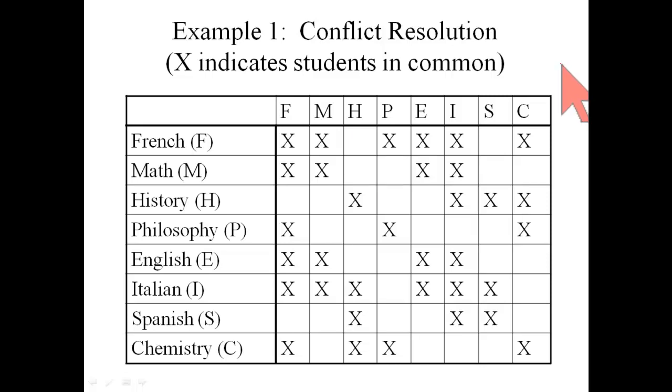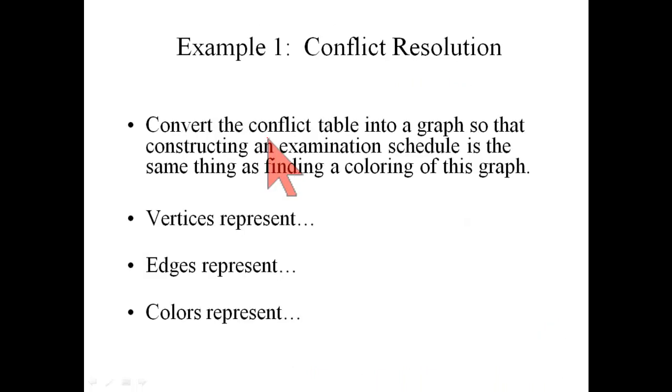What do these 2 questions have to do with each other? Conflict resolution and graph coloring. Let's take this table of conflicts, essentially, and convert it to a graph as follows.